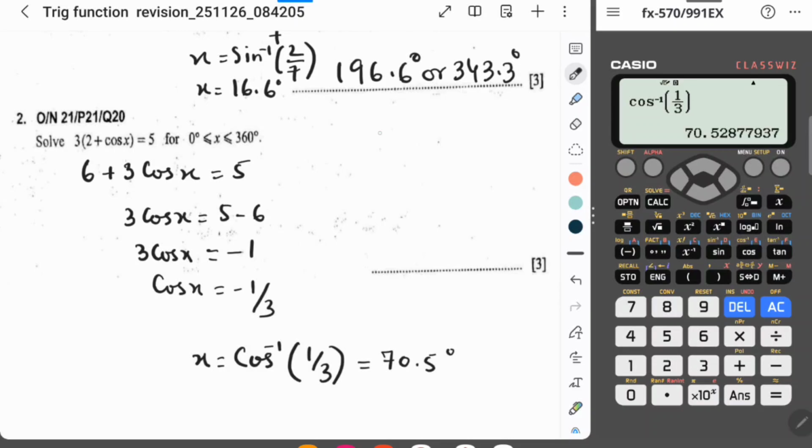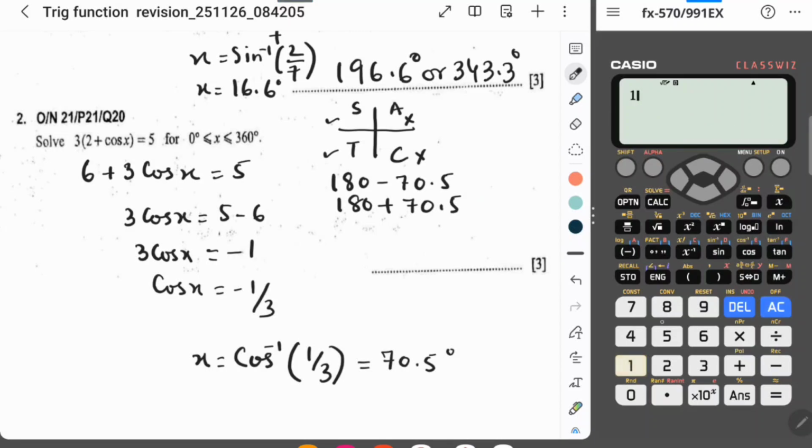You know that cos is negative. It's not all positive, it's not cos positive. We'll have to see in these two quadrants, which is 180 minus theta and 180 plus theta.